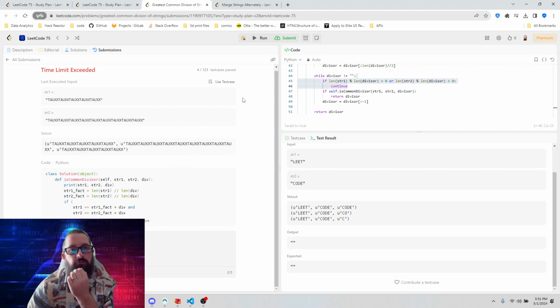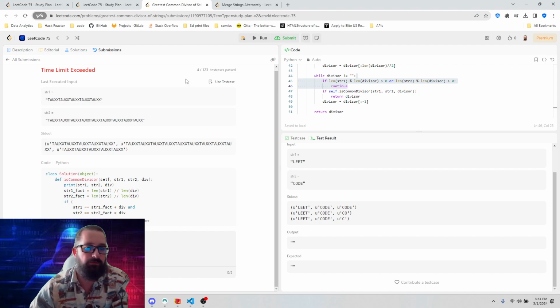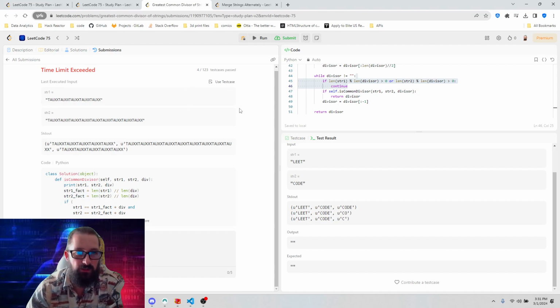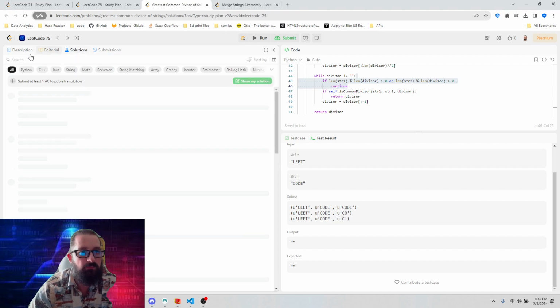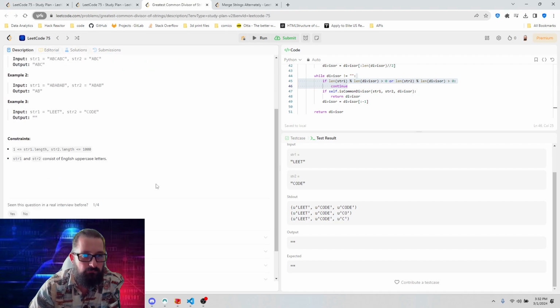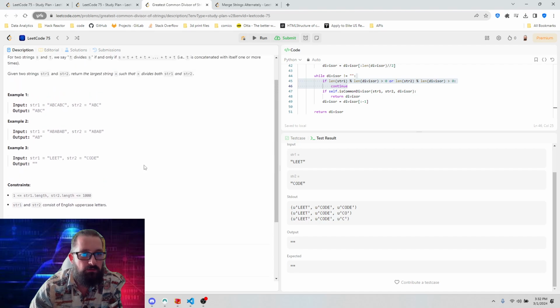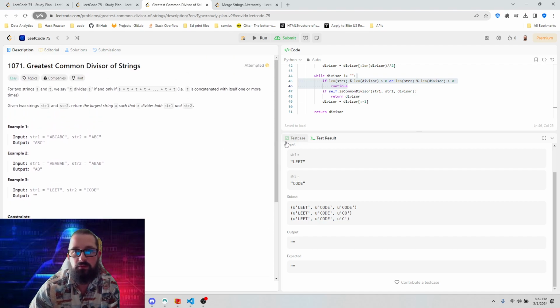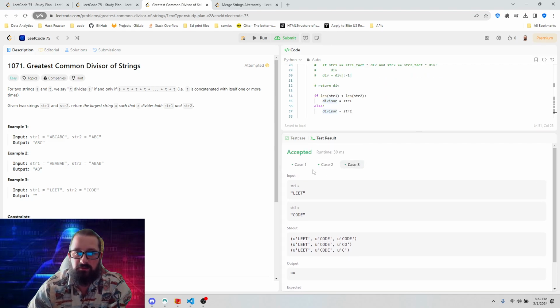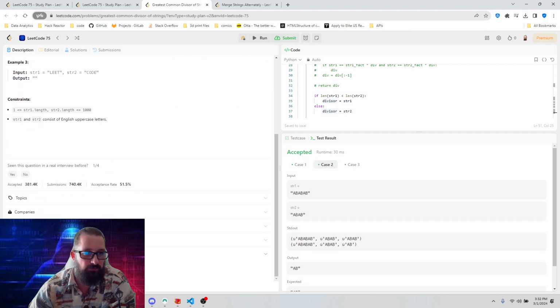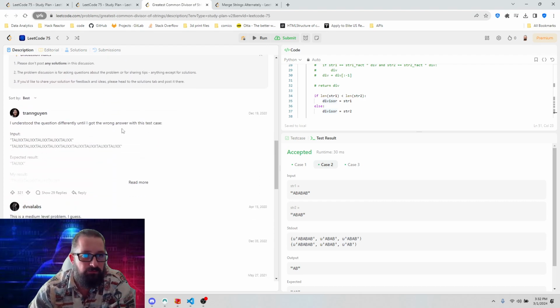And if I checked 4, then it might be 3 and not 2 that is the divisor of a 9 string. So, what am I missing? I have a working solution, it's just not fast enough. So I'm going to check the discussions and see what other people are running into.